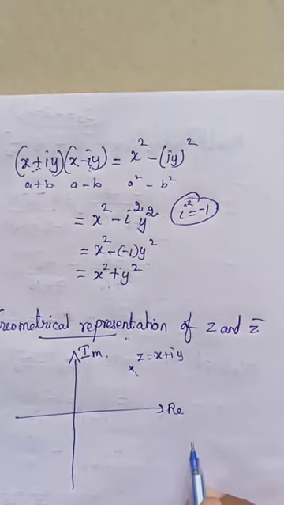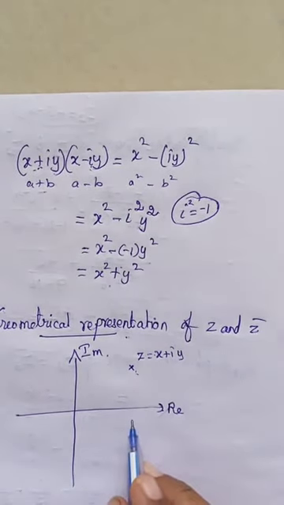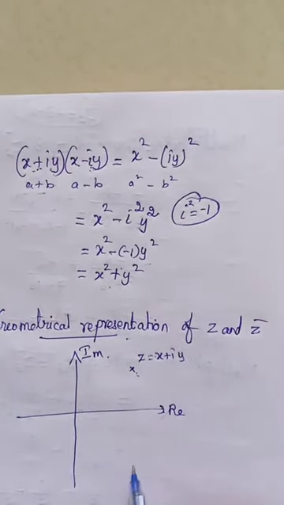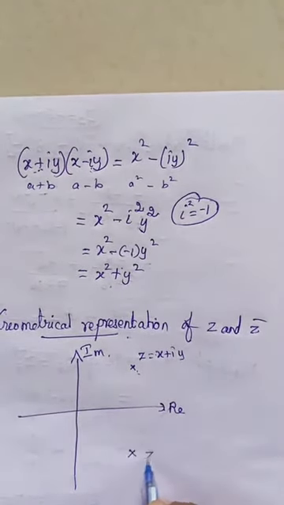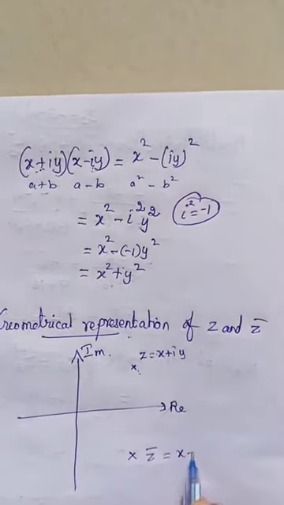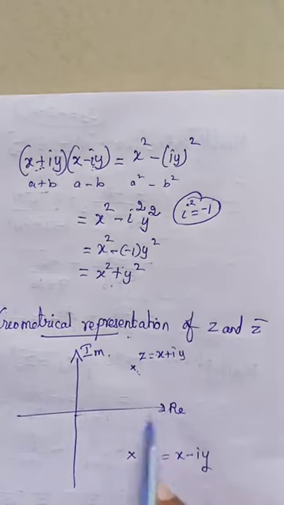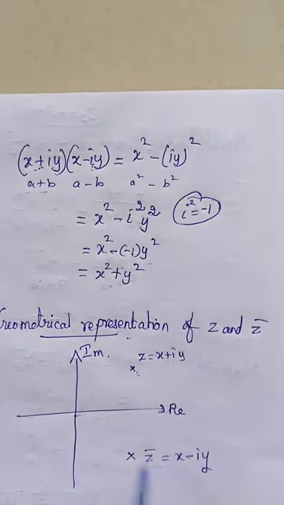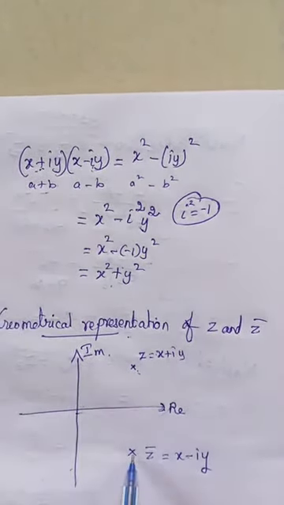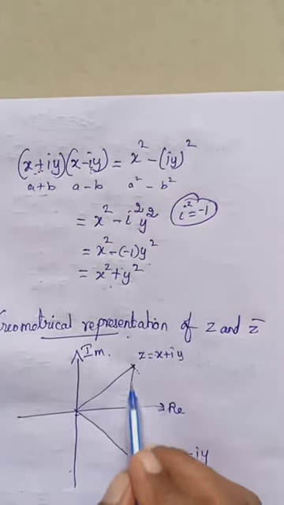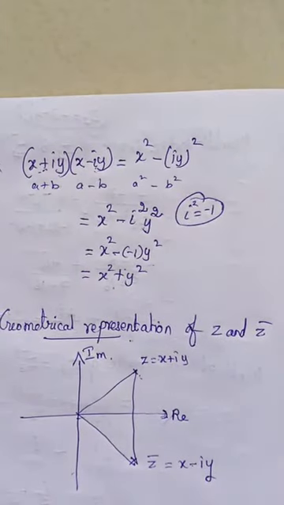Then z bar means x minus iy. So x is positive but y is negative. So we get a point here, z bar is equal to x minus iy. X is on the positive side, and y is on the negative side. So always we get it like this.